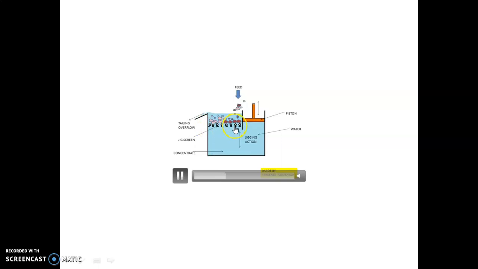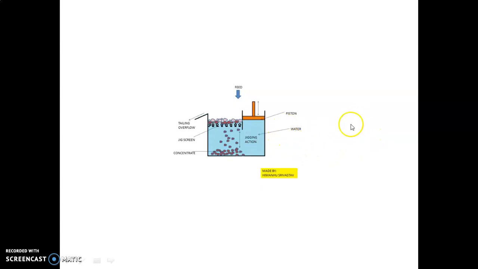Here is the screen, and the large density material is flowing in this direction, and other material is taken outside from this overflow. So this figure or this animation shows how the jigging process is taking place.